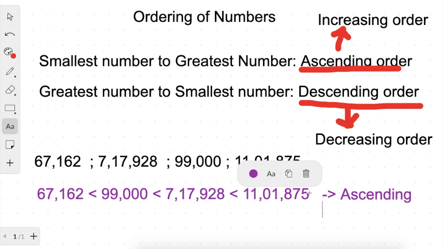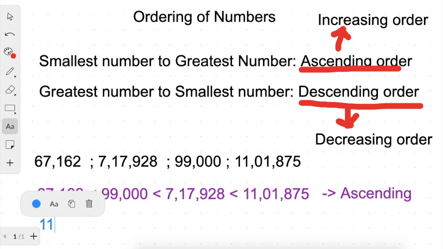Next we have descending order. When we are writing descending order, we start with the greatest number now. Which is the greatest number among all of these four? It is 11,01,875, right? So I'll just circle this one first. After that, instead of putting the semicolon, I'll directly insert the symbol.